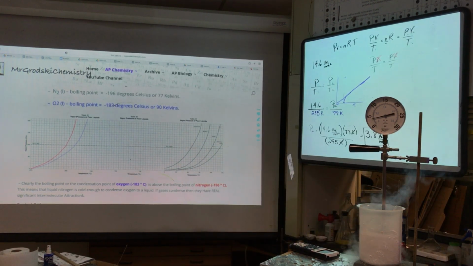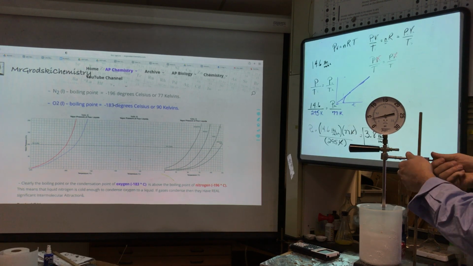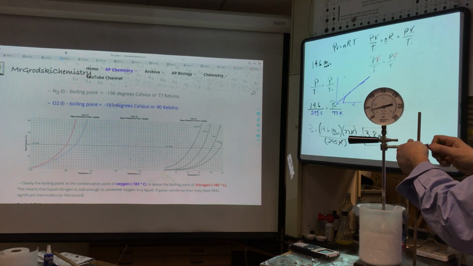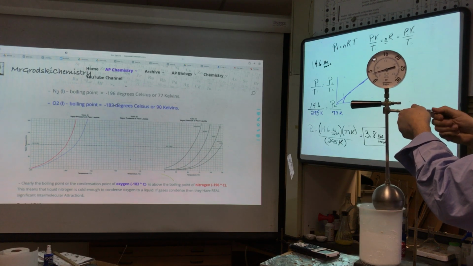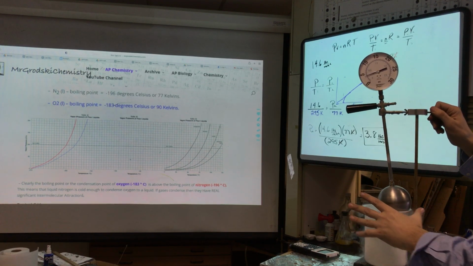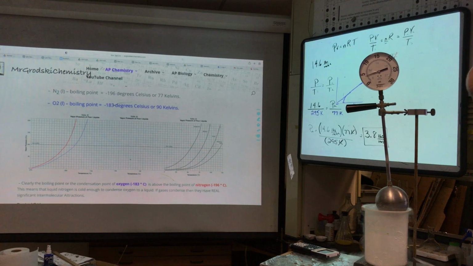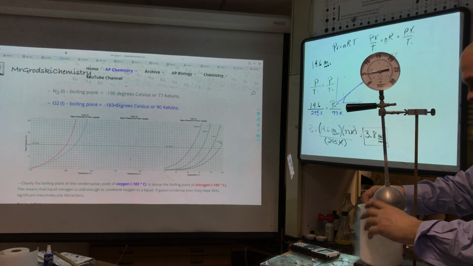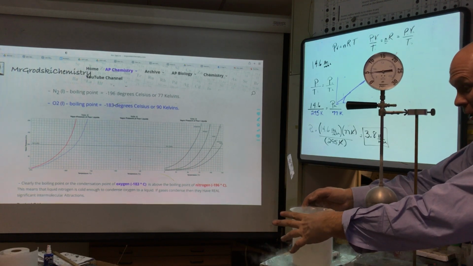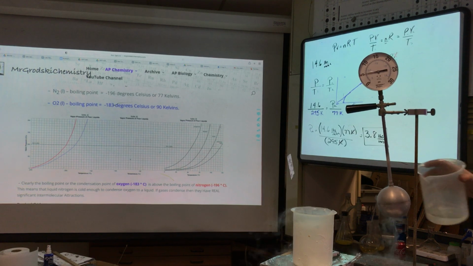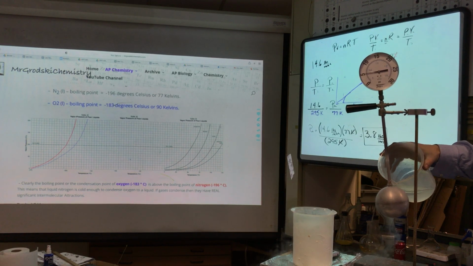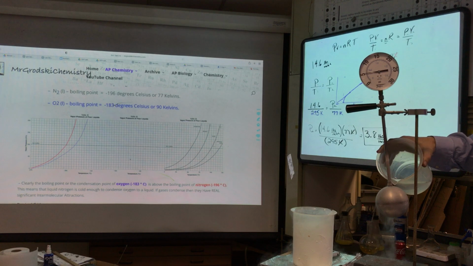Enough of that. But what's fun, if I raise this up and pour some water onto that cold sphere, no, it won't explode, but it makes some pretty cool ice crystals. This has nothing to do with the demo, but hey, why not? So this steel sphere is really cold.